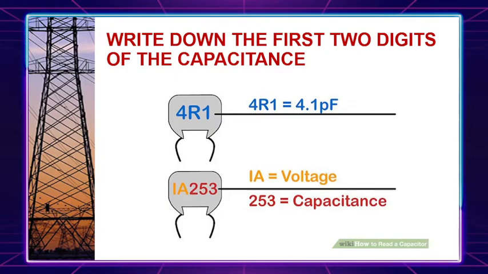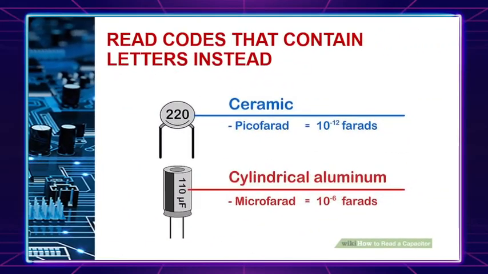Next is reading the tolerance code on ceramic capacitors. For this illustration, ceramic capacitors, which are usually tiny pancakes based on its description, have 2 pins or terminals.